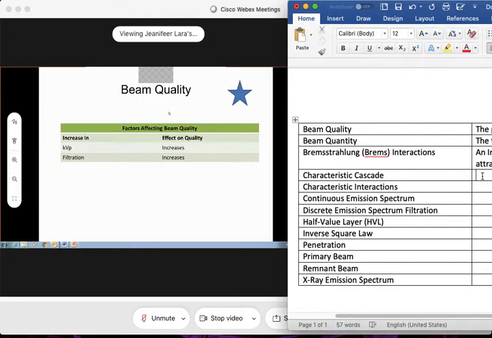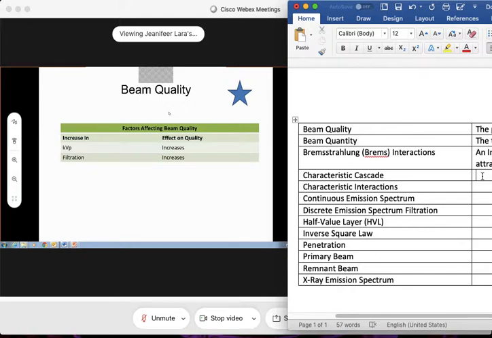Quantity. Mass controls quantity. Beam quantity, not quality. So we're going to have to say that about 1,000 times because this is forever going to be utilized in this program from now on.